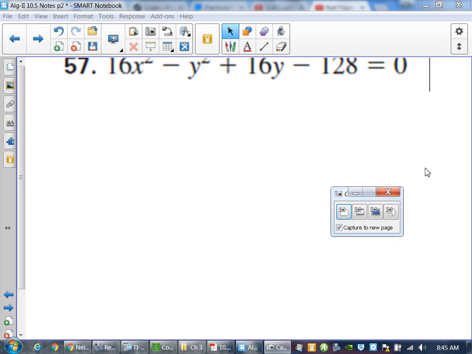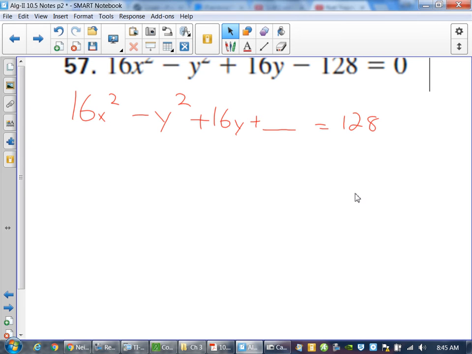Let me finish. Let me do this one because I think I see where you're messing up here. I don't think your final terms are right. So I don't have to complete the square here. I just know it's going to be a 16x squared.